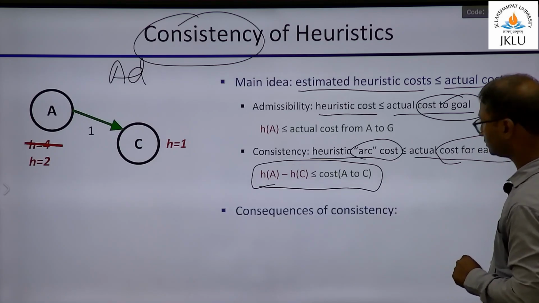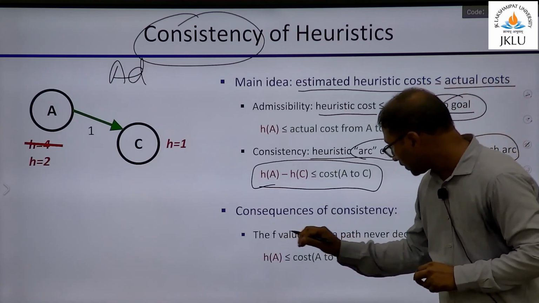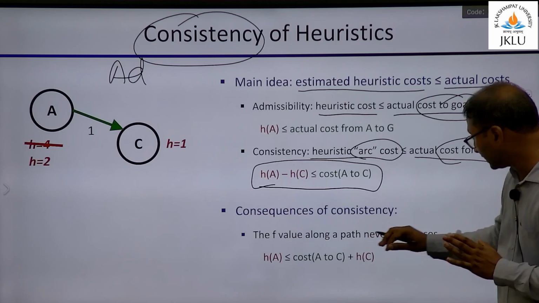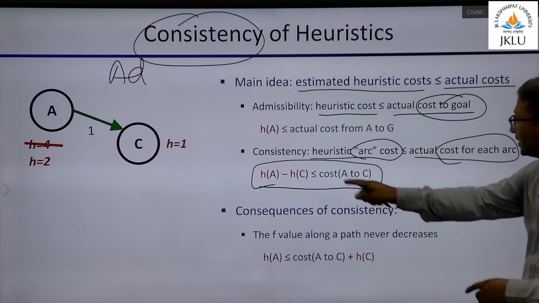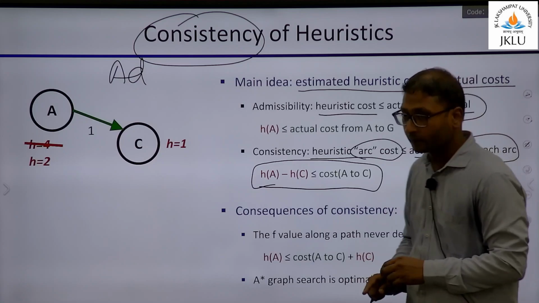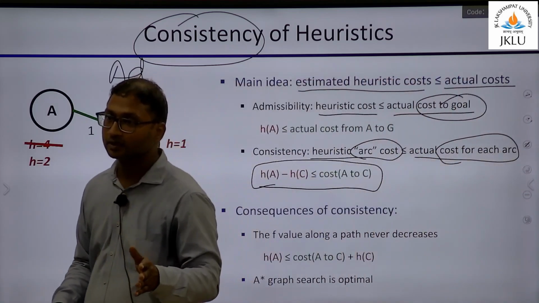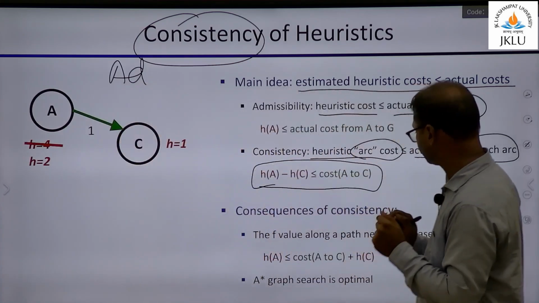And now you know, so the F value along the path never decreases. So HA is less than cost to A plus, basically just rearranging this. A star graph search is optimal if your H is consistent. So we have fixed everything that we had to fix.